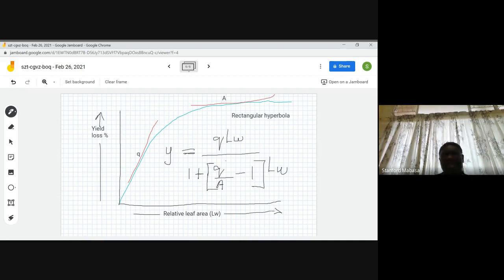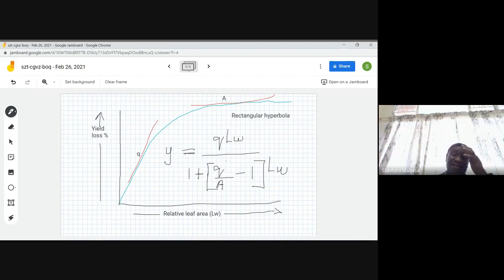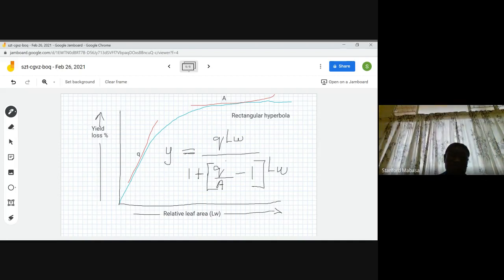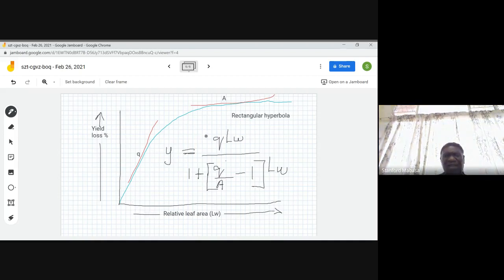But this error of time of weed seedling emergence is removed by this system. But you still get the rectangular hyperbola.